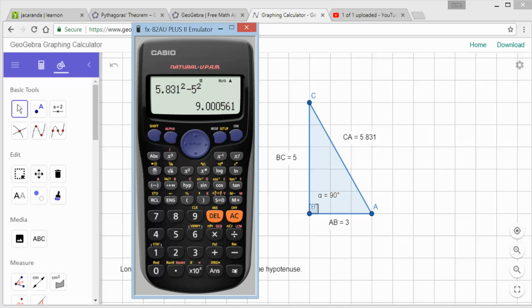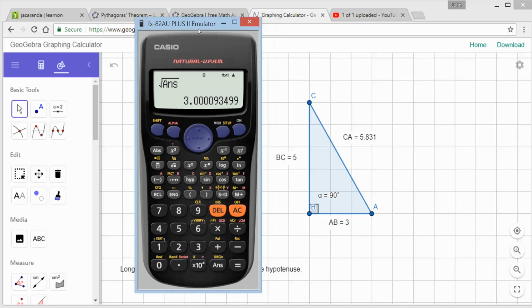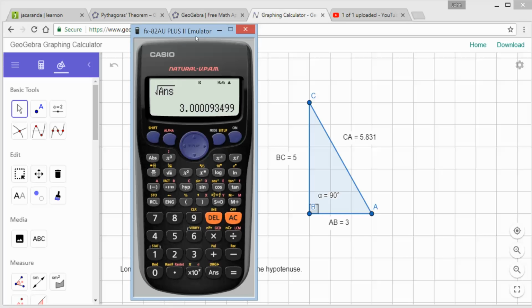So you end up with 9.00 something, which is very close to 9. There's a little bit of rounding here on this hypotenuse length. That's why we don't get exactly 3. So when we go square root answer, we get 3, which is what we expect. So there's an example of how we can use Pythagoras without doing a lot of working, just using our calculator to work out the length.